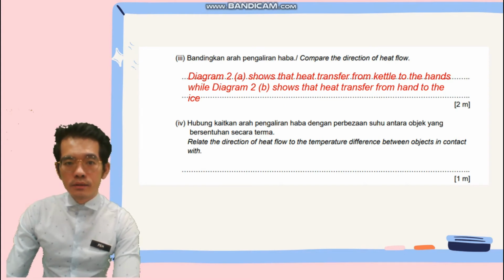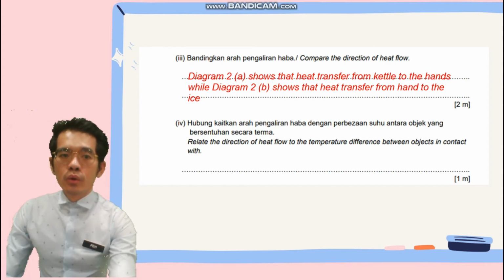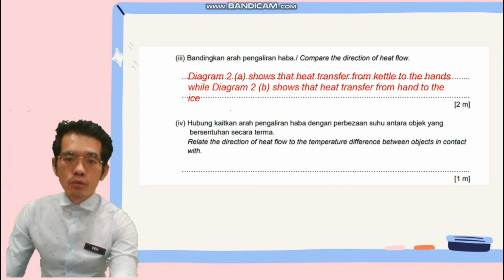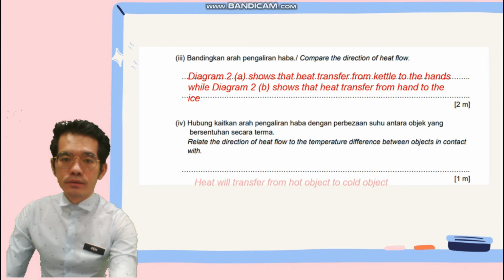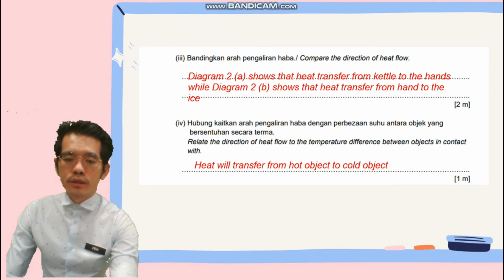Relate the direction of heat flow to the temperature difference between objects in contact. So, as mentioned, the heat will flow from hotter object to colder object. Okay, so this is the answer. Heat will transfer from hot object to cold object.